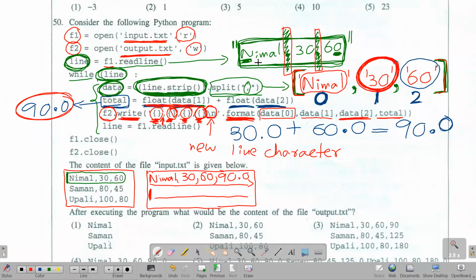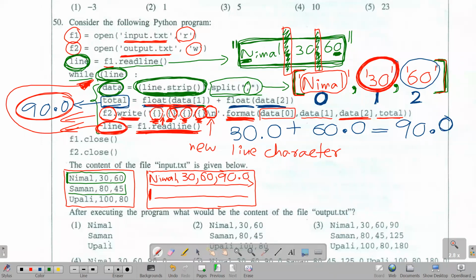So according to that, after this line, it is there again f1.readline, assign it to the line. Since that is the last line of the while structure, it goes back and checks the condition. So f1.readline, this particular readline will do what?